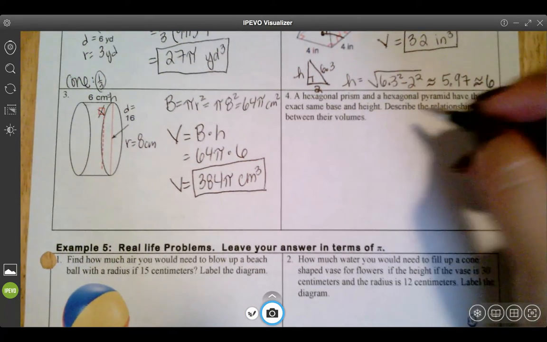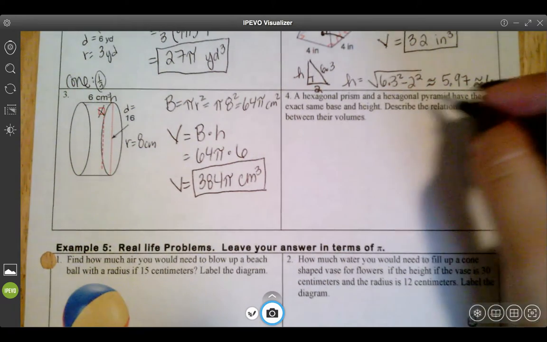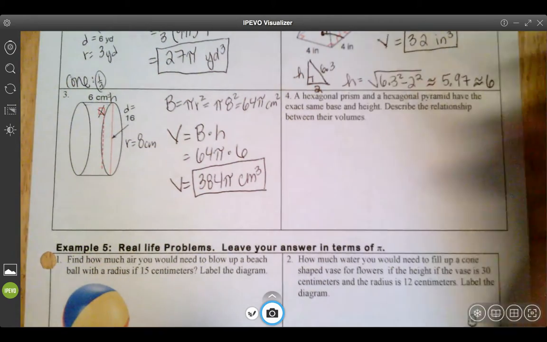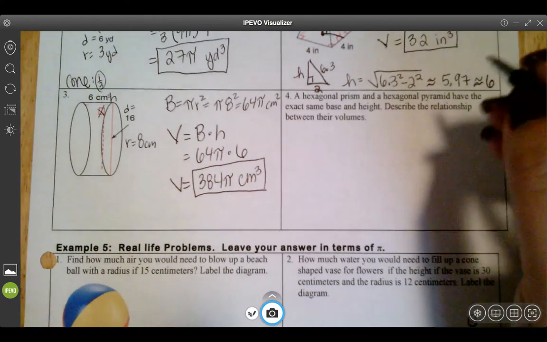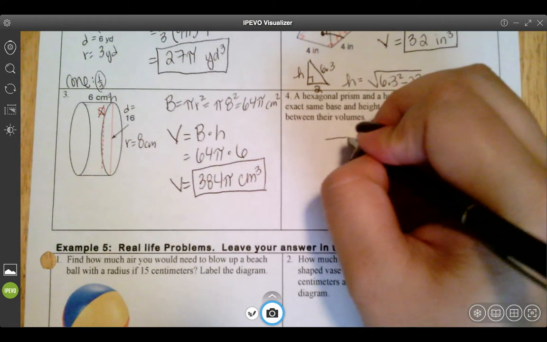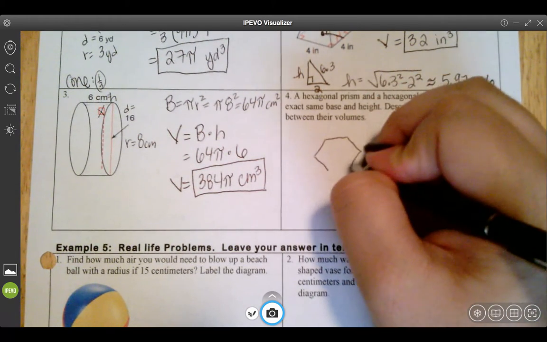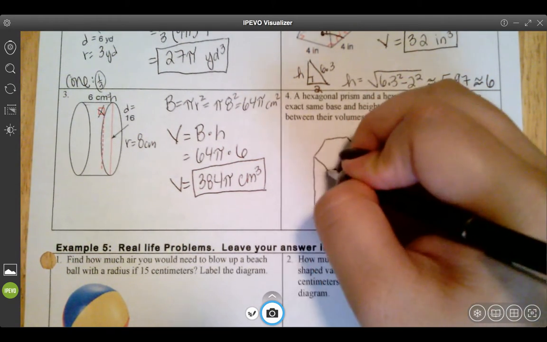And here we have a hexagonal prism and a hexagonal pyramid with the same base and height. We want to look at their relationship. So I'm going to attempt to draw this hexagonal prism.